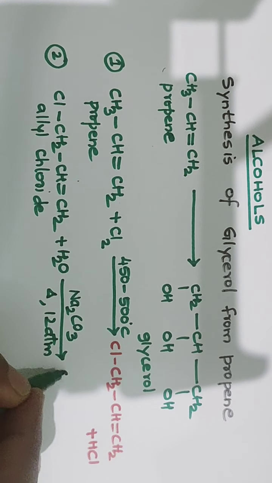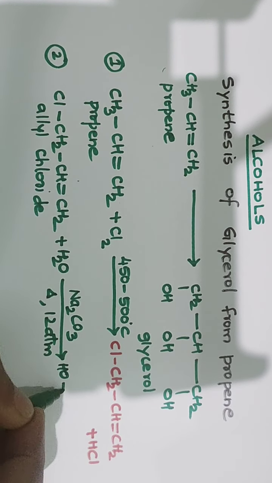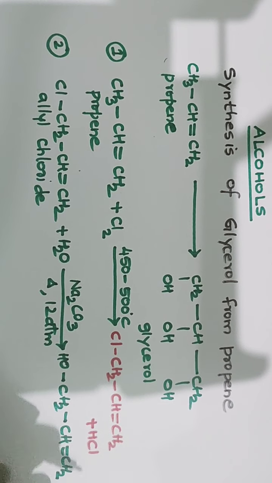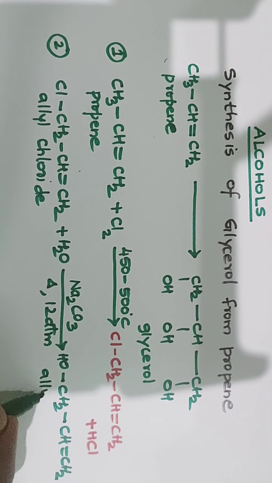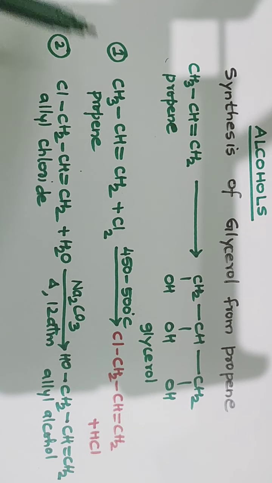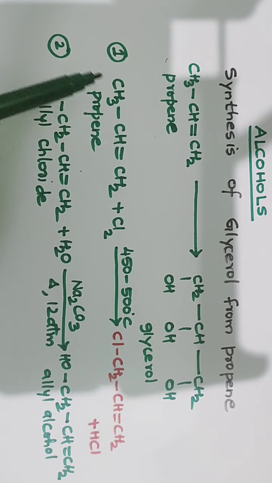So you get this compound OH CH2 CH double bond CH2. So this is allyl alcohol. This is what you get. So in first step, chlorination of this allylic carbon takes place, and in the next step, this Cl is replaced by OH.